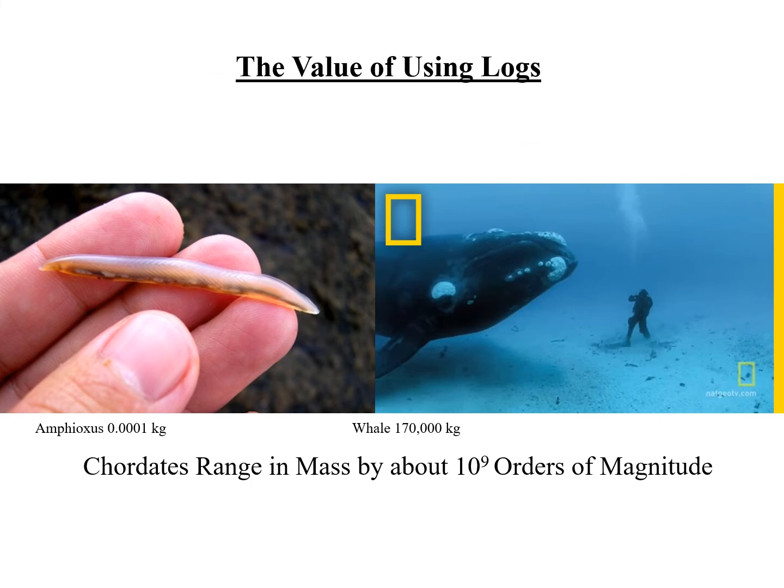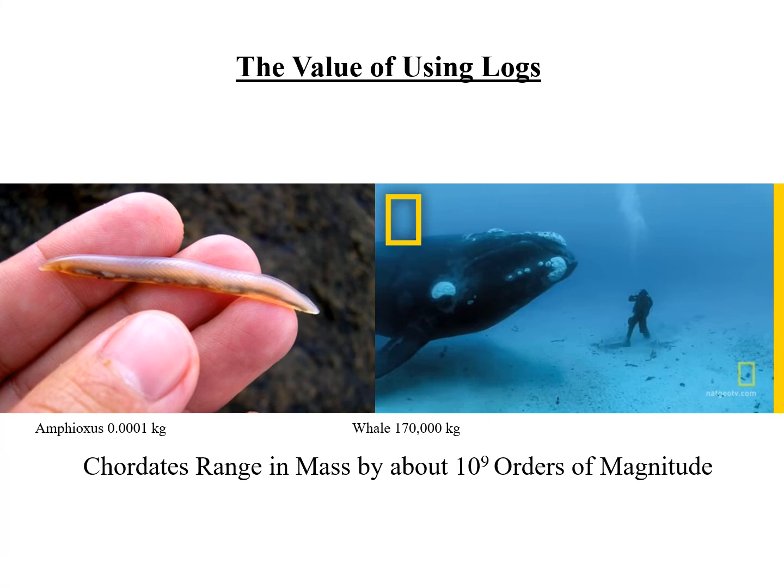This slide illustrates another reason that biologists use log scales to express their data, and that is related to the enormous range of the data that they study. So, for example, if you wanted to understand the surface area of an animal relative to its mass, and look at all chordates, it's a whopping big scale.